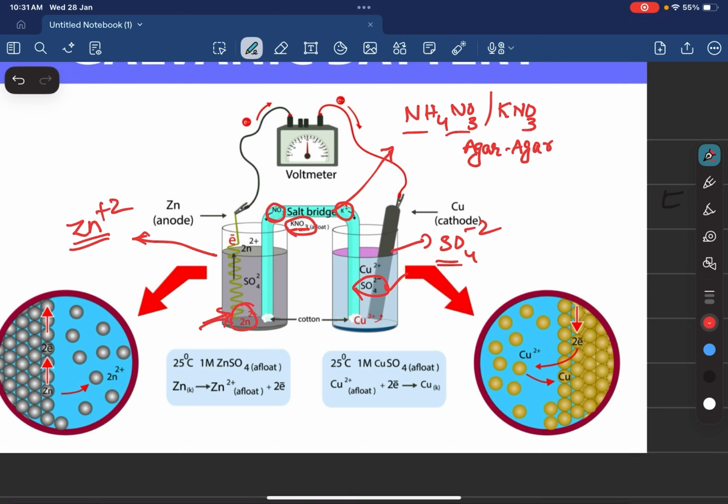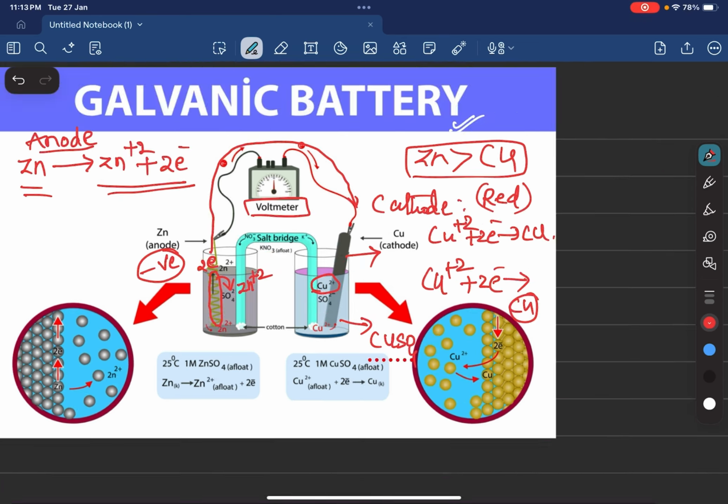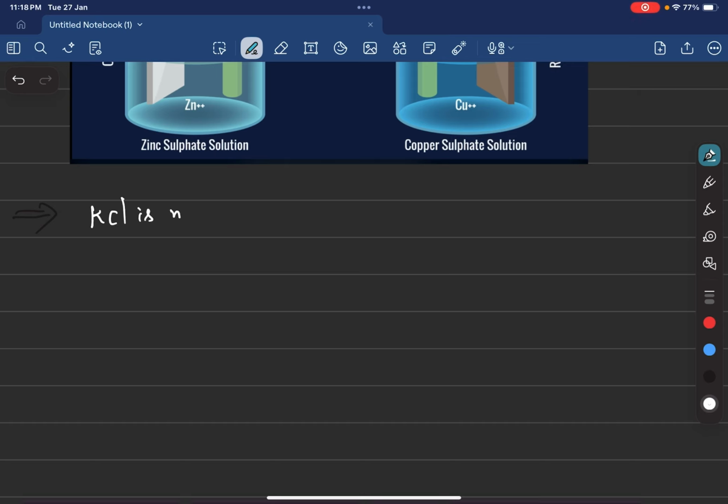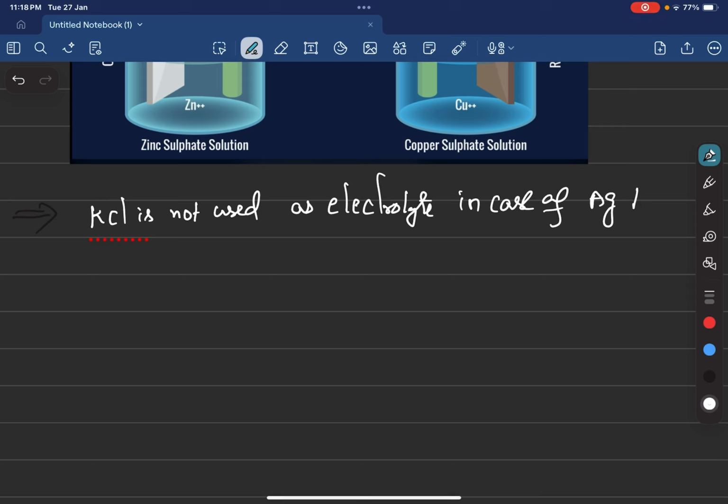That's how the salt bridge helps us prevent liquid-liquid junction potential and maintain electrical neutrality. These are the major uses of the salt bridge, and there are exceptional points for this. KCl is not used as the electrolyte in the case of silver, thallium, lead and Hg.